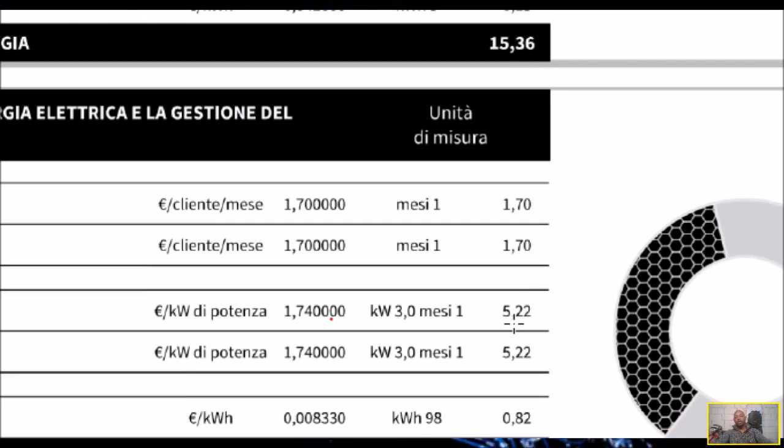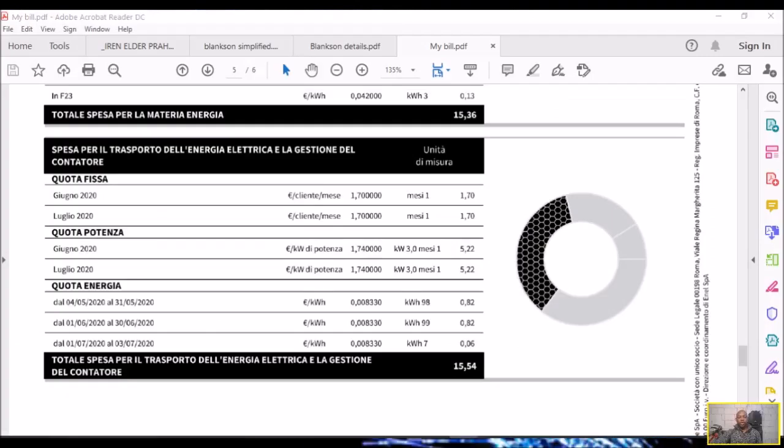And this is where you pay for the power you have available. So as you can see, within the month of June, that is what I am paying for the power I have available, the same as July.